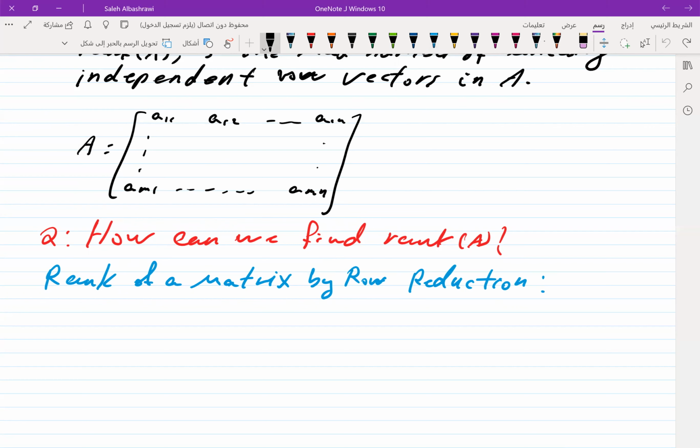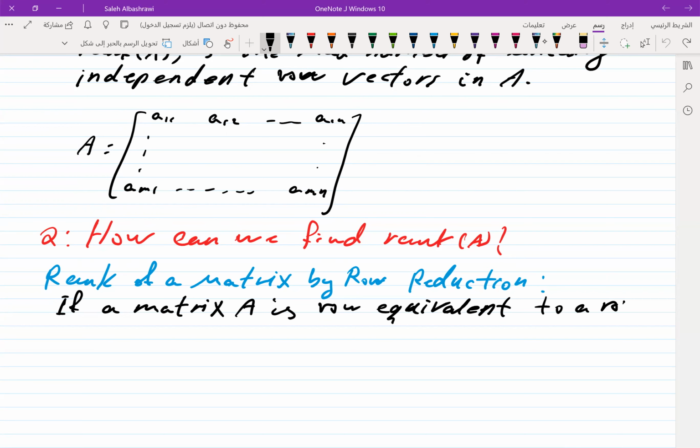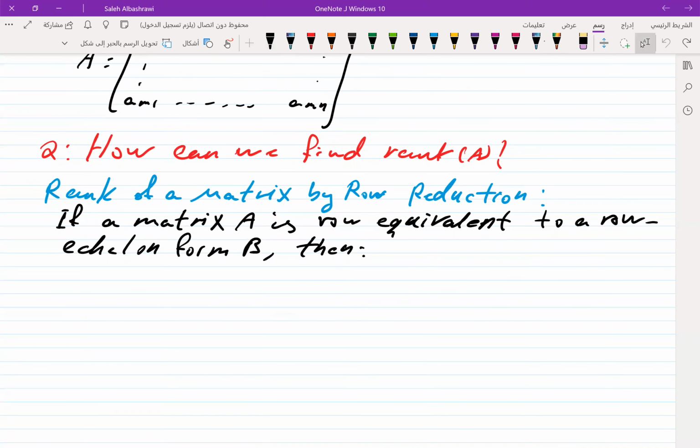So that if a matrix A is row equivalent to a row echelon form B, then a matrix A is row equivalent to a row echelon form B. We said that A is row equivalent.